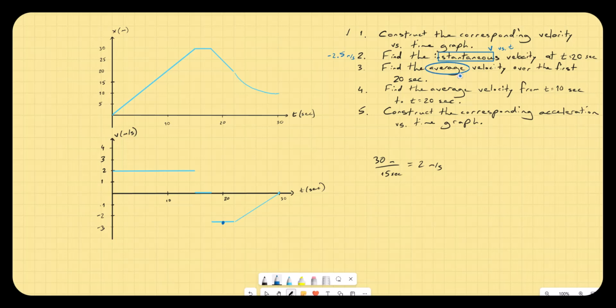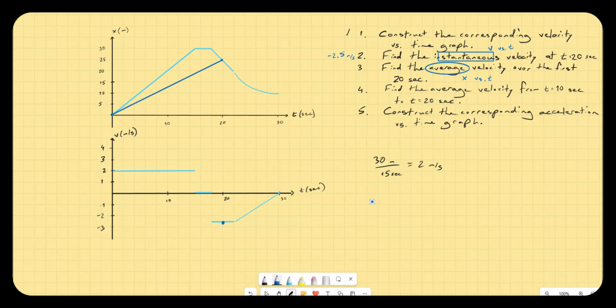Next one, I want to find the average velocity over the first 20 seconds. Average velocity tells me I want to look at my x versus t graph. I'm going up one level. So over the first 20 seconds means I'm starting from t equals 0. I'm going to t equals 20, which is right here, and I'm connecting those with a straight line. I am effectively finding the slope of that straight line.